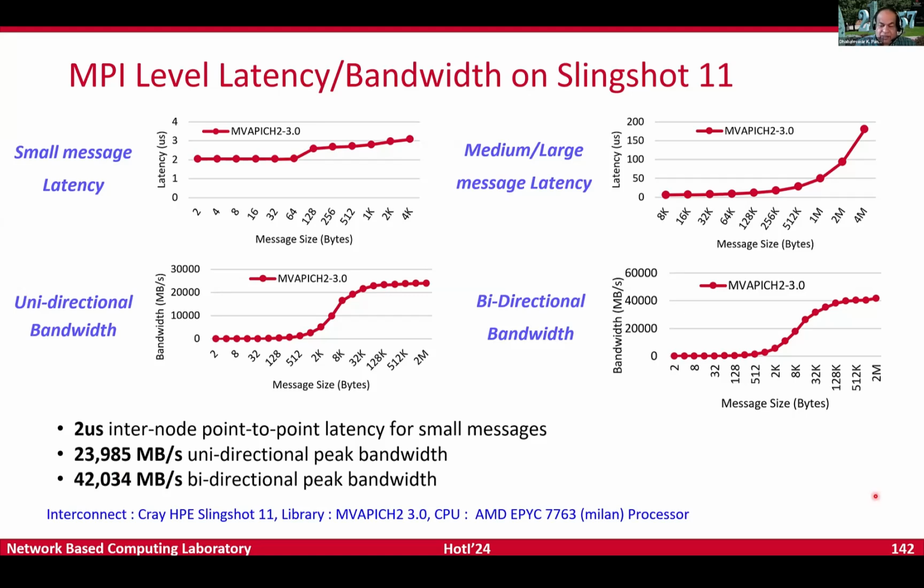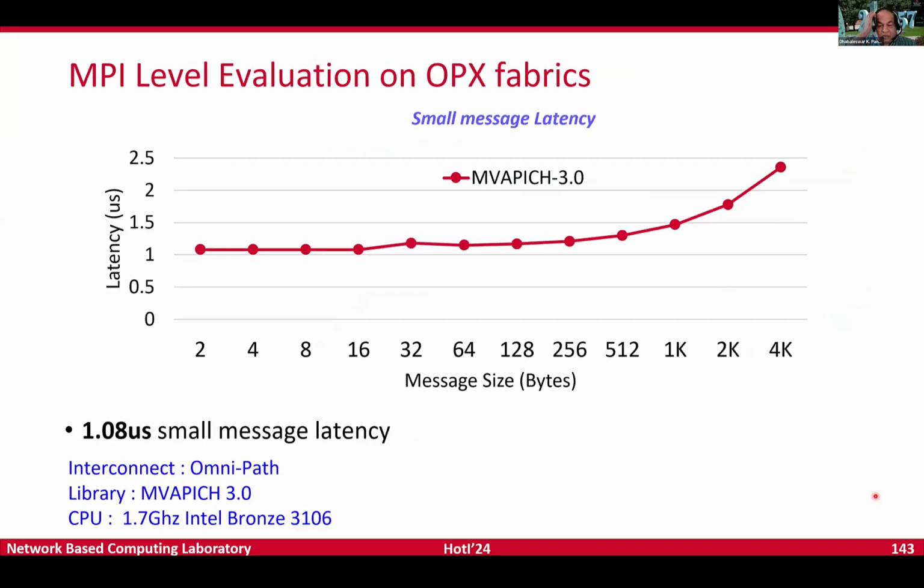If you take a look at this, this is the OPX we talked about, Omni-Path, and then the kernel-less network has the OpenFabrics OPX, and that again has multiple lower layers, like either you go to OFI or you can do PSM. There are different options. At an MPI level, OPX is competing with almost InfiniBand, at around one microsecond.